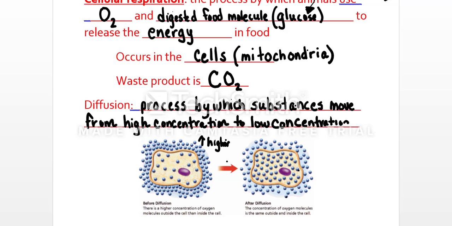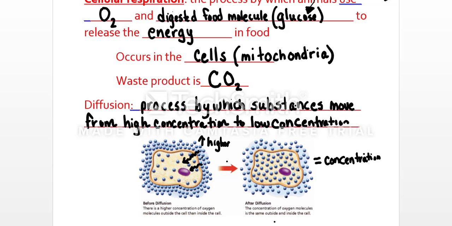So the process of diffusion just happens naturally. They're going to go from where there's a lot of them and just move to where there's fewer of them until we have an equal concentration inside the cell as we do outside of the cell. Okay?